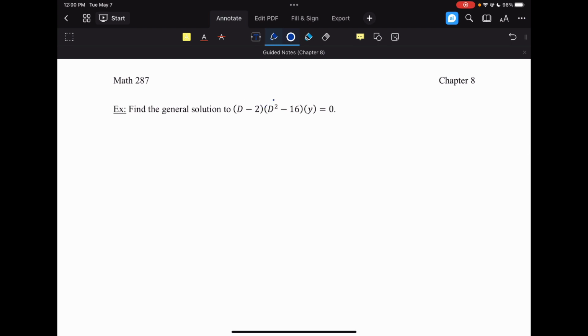If we were writing this out in traditional functional and prime notation, if you expand all of this out, you would get a D cubed, minus 2D squared, minus 16D, and then plus 32. All of that would translate to y triple prime minus 2y double prime minus 16y prime plus 32y equals 0.